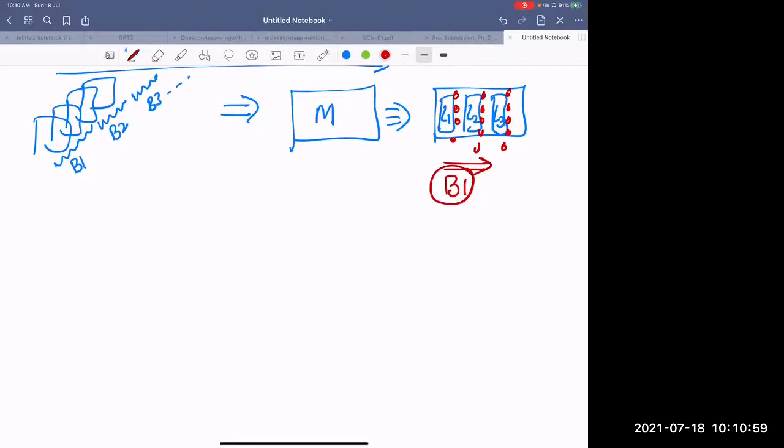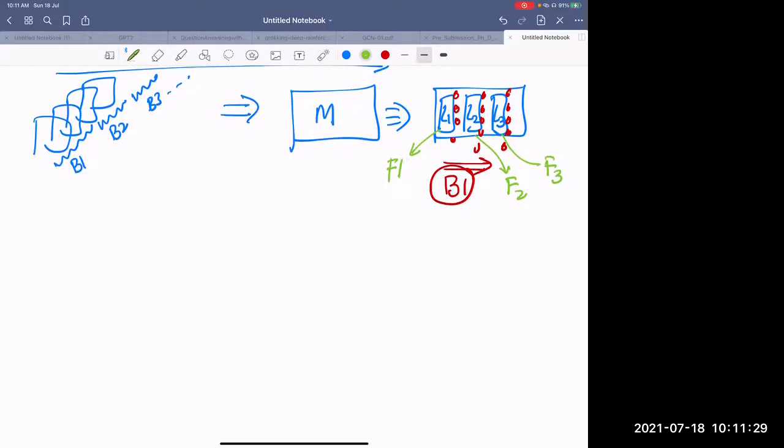Let us see it in a different way with a simple example. Suppose the model is your engineering college, and this is your faculty number one, this is faculty number two, faculty number three, or you can say first year, second year, third year, and so on.